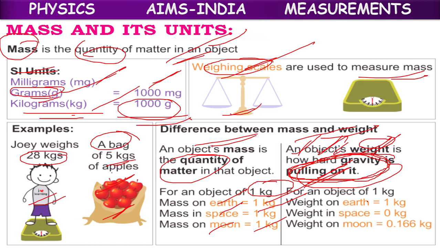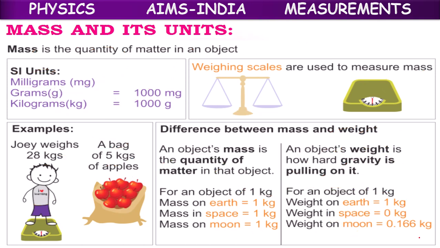But weight on earth is 1 kg, weight in space is 0, because in space there is no gravitational force. That's why all the objects fly in space. So weight on moon is 6 times less, 0.166 kg.